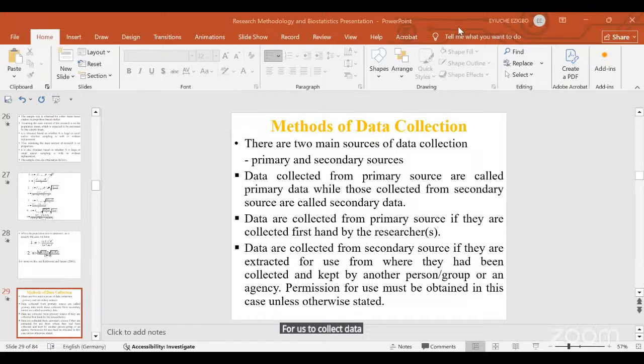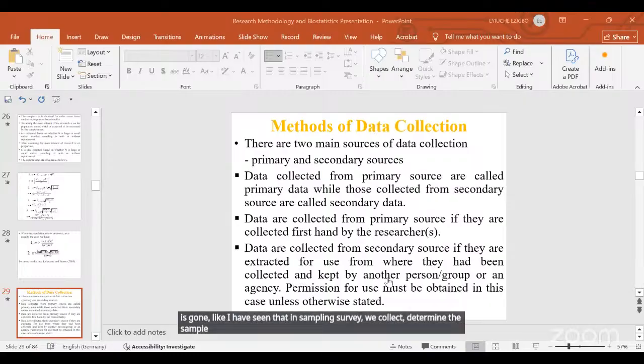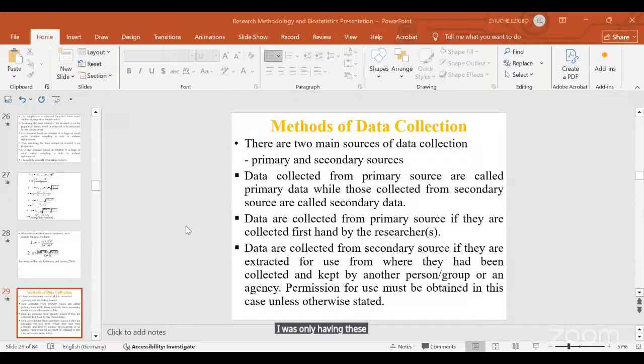So the moment the sampling is done, like I have said, in a sample survey we determine the sample, and when we have determined the sample, we collect information from the sample. So the moment that is done, already we have data for our research. Is that clear?